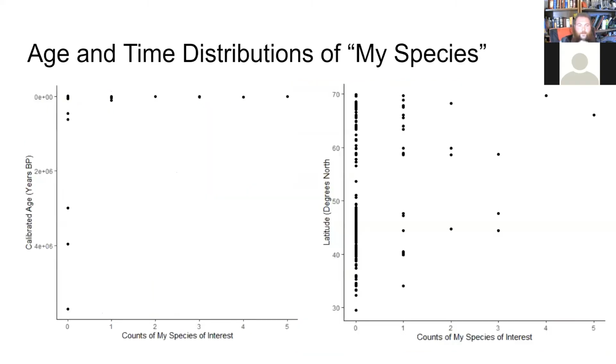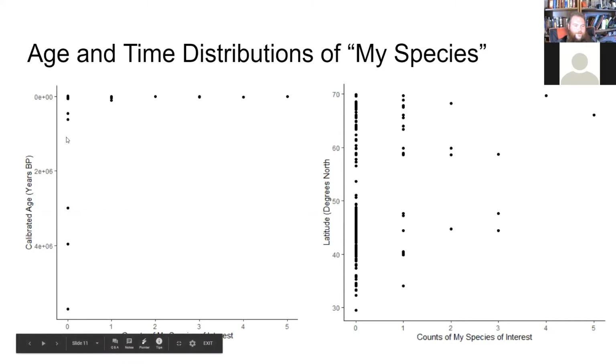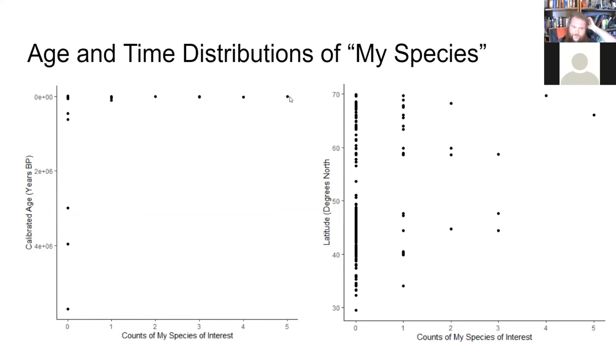So again, this is the test we get for my species, and you can just see. These are all the places we looked and didn't find one, and then here are all the active sites where we find.